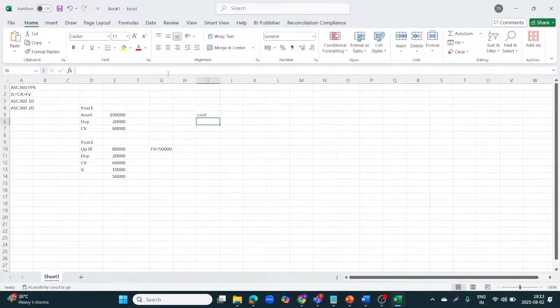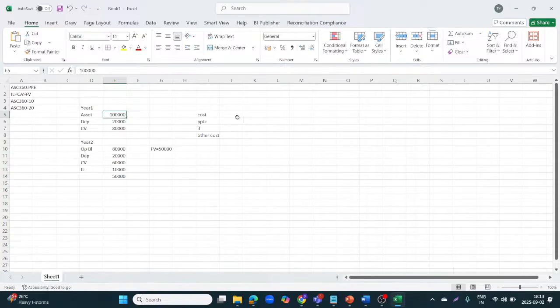It will include purchase price, transportation cost, any installation fees, and any other costs which are directly incurred to make the asset functional. Okay, so these all will be part of the cost. So initially you will record the asset at cost. So I assume my asset cost is 1 lakh.